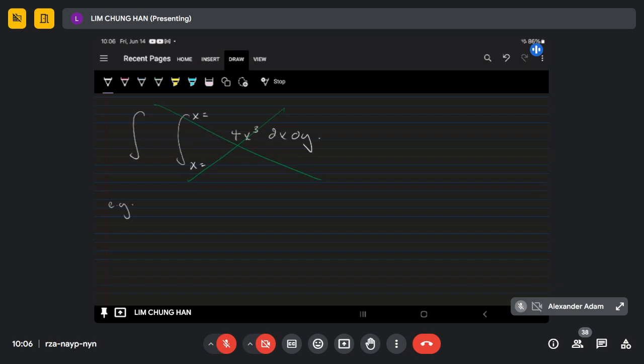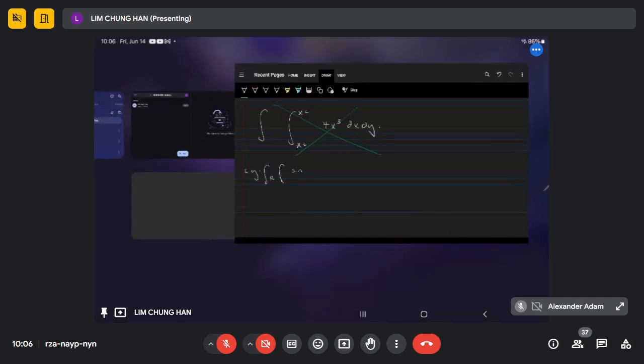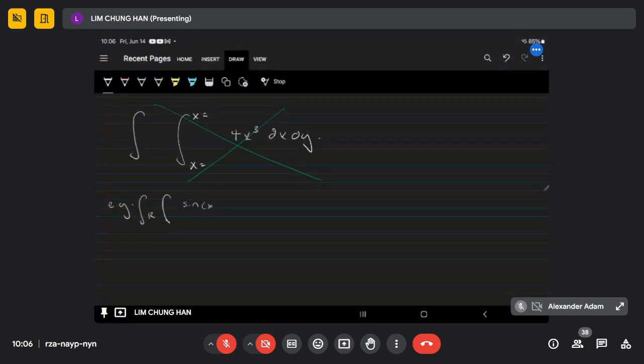All right. Okay. So double integrate sine of x minus y dA. Okay.